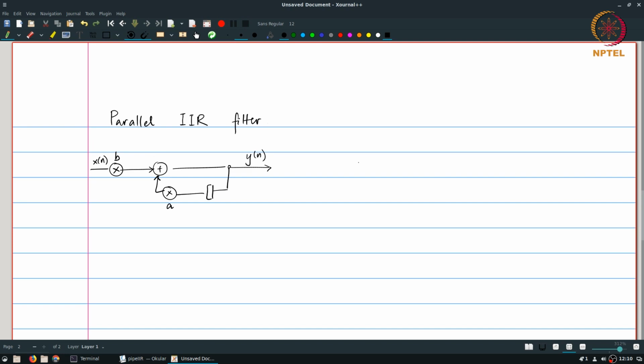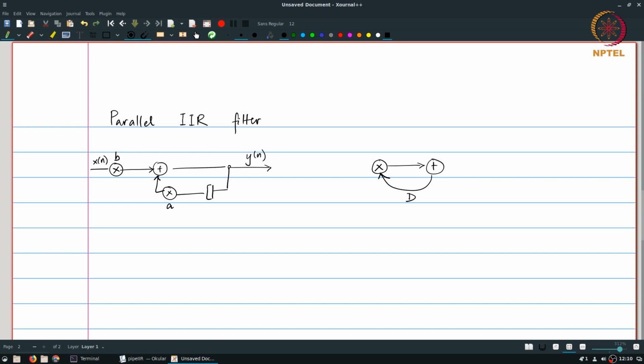The data flow graph corresponding to this, I'm going to leave out the part of the x of n because it's the FIR structure. I'll concentrate only on the IIR or the recursive portion of the graph for now. What it effectively looks like is something like this. I have a multiplication which in turn feeds into an addition and comes back with a single delay.